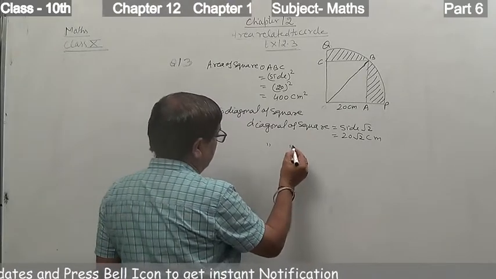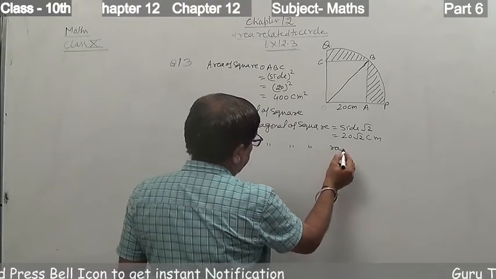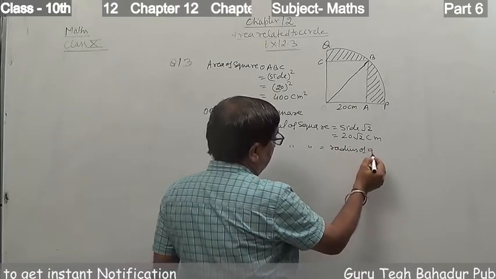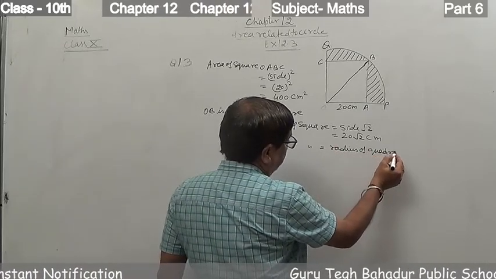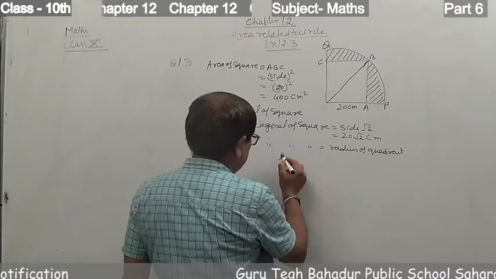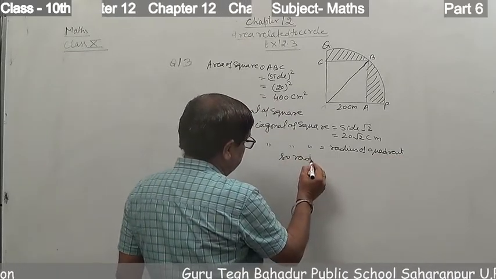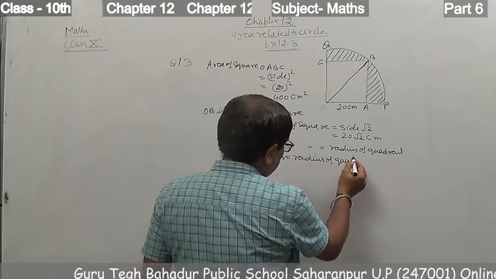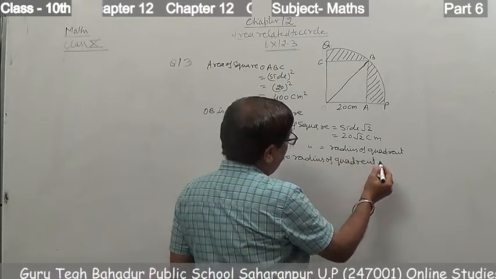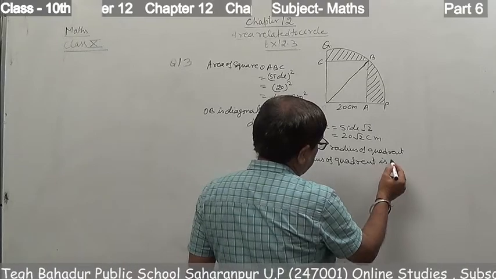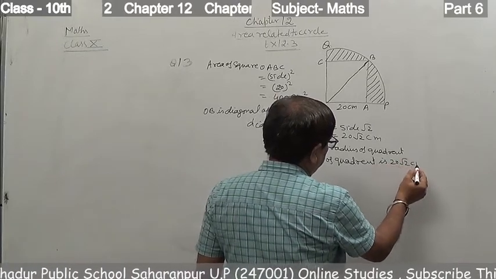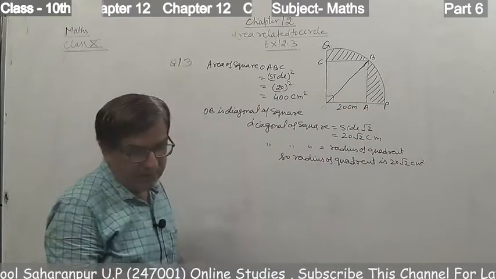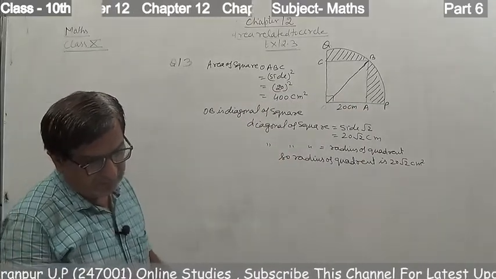Diagonal of a square is equal to radius of quadrant. So, radius of quadrant is 20 root 2 centimeter. This is 90 degree, this is a quadrant, it is given in the question.